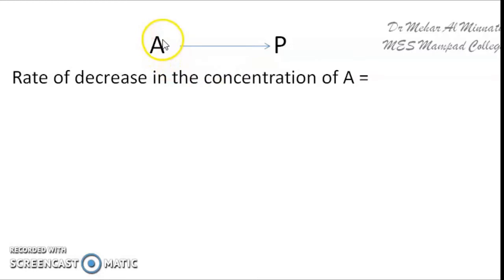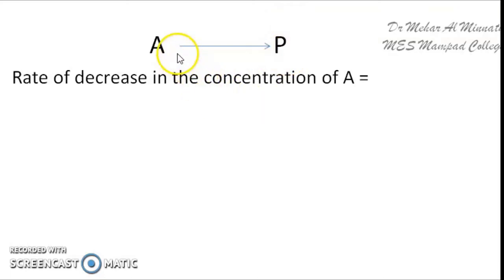Initially, in the reaction pot, the concentration of A will be 100% and concentration of P will be 0. But as the reaction starts and proceeds, slowly the amount of the reactant A comes down and the amount of the product P goes up.